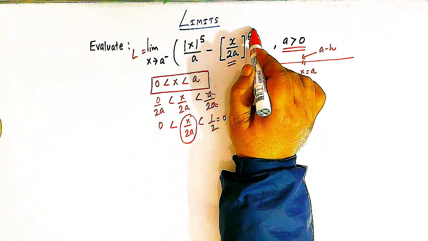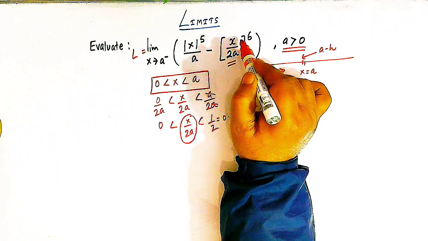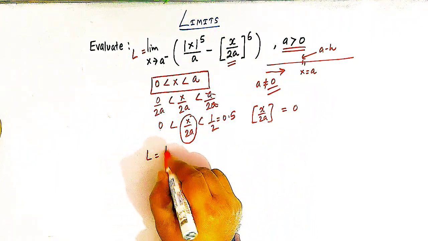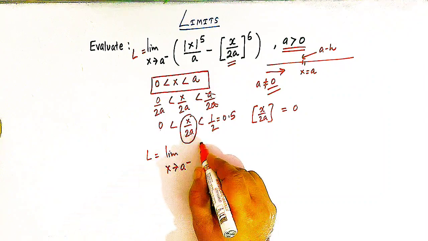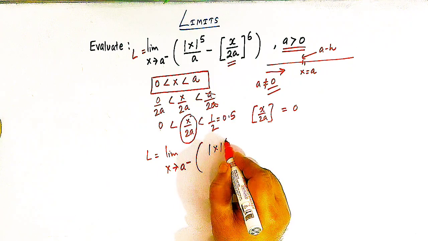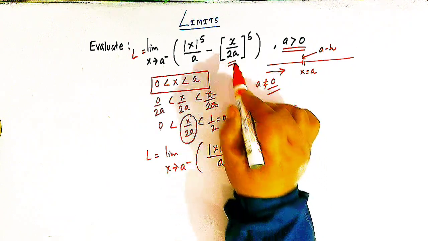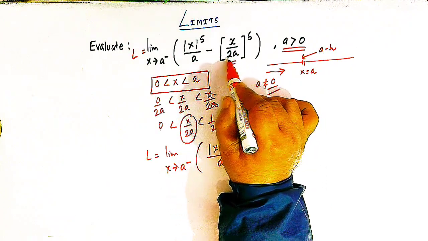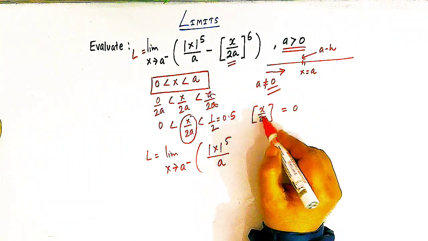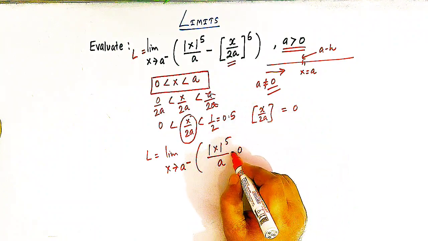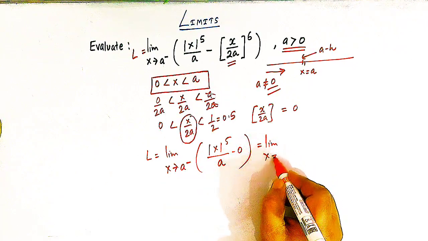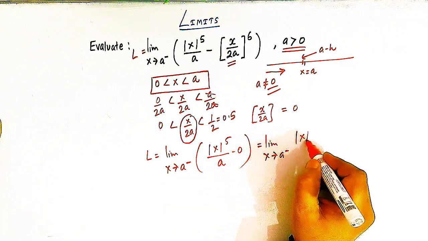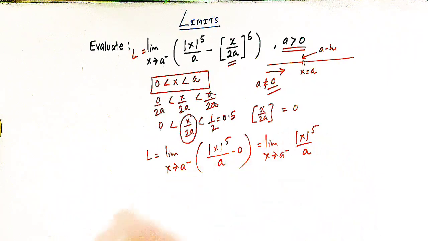So now this quantity is 0. We can now write limit x tends to a minus, and then we have mod of x raised to 5 over a, and this quantity is equal to 0 because the greatest integer of x over 2a is 0. So now we are left with limit x tends to a minus mod of x raised to 5 over a.